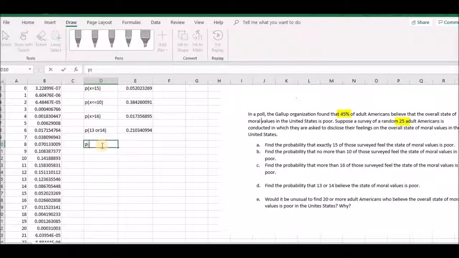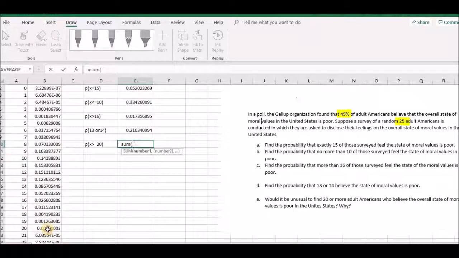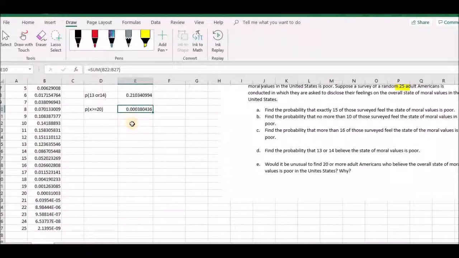So that is the probability of X greater than or equal to 20, which is going to be equal to the sum of all of the probabilities from 20 to 25 together. If you look, the probability is very small. It's approximately 0.04%, which is very tiny.